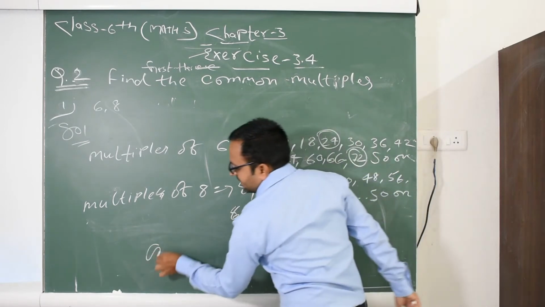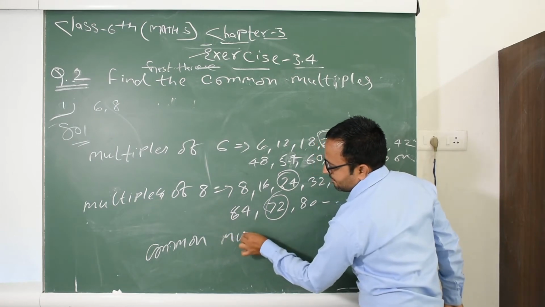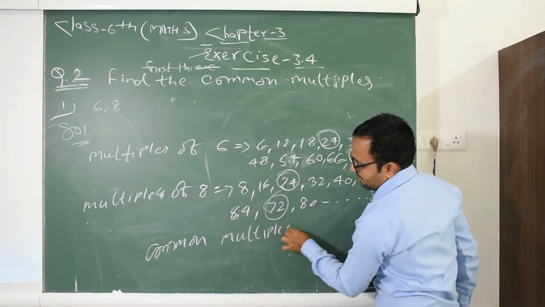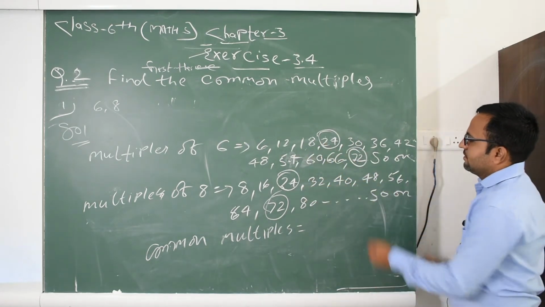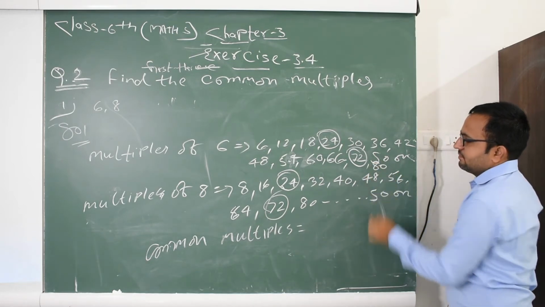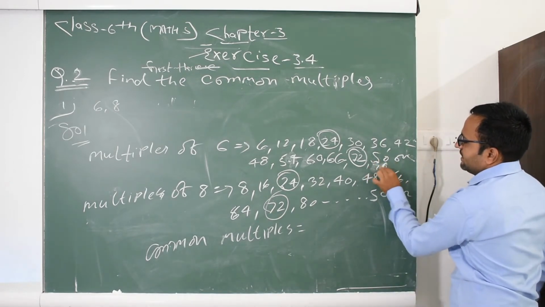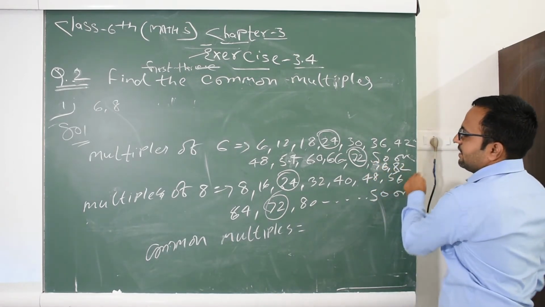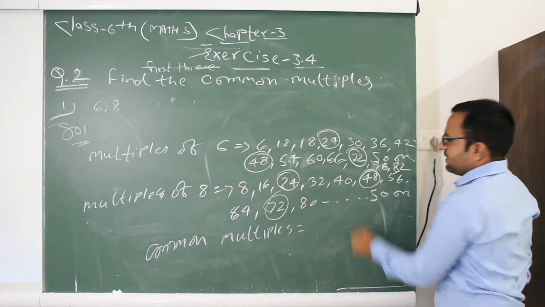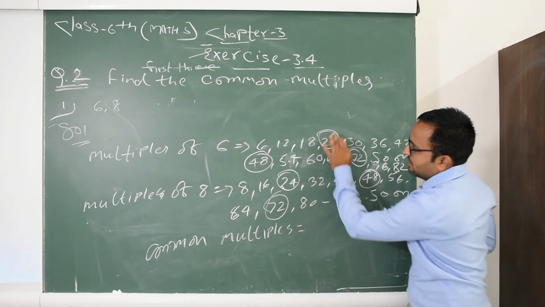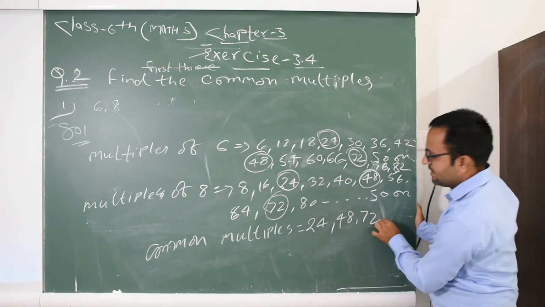So the first multiple is 24. The first 3 common multiples are 24, 48 and 72.